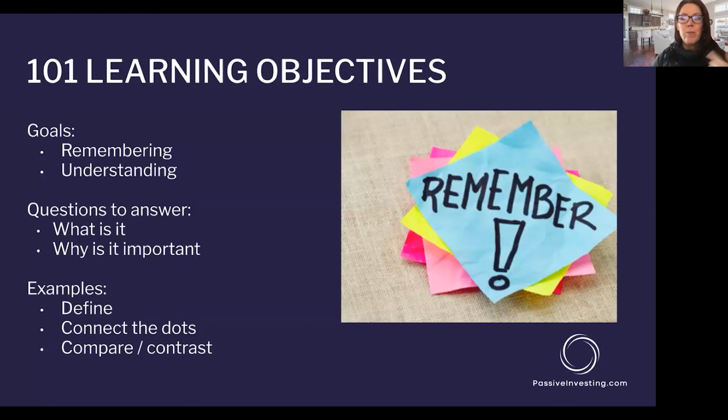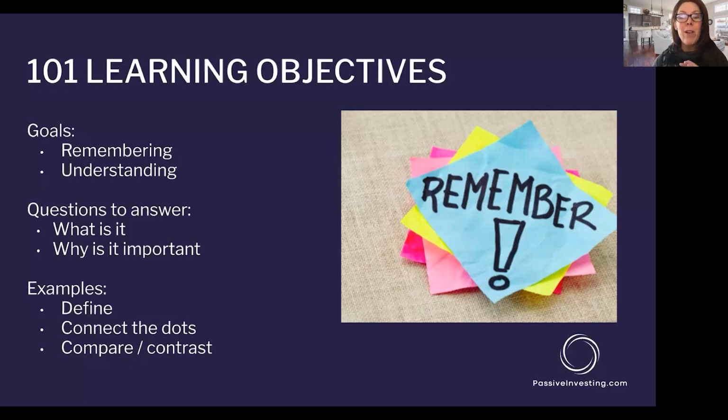Repetition is the mother of all skills, guys. 101 objectives, goals. The goals at this level are purely getting that investor to remember and understand who you are, the value you provide, which is marketing, but also all those different terms, the asset classes you do, the strategy you take. Just remember and understand.